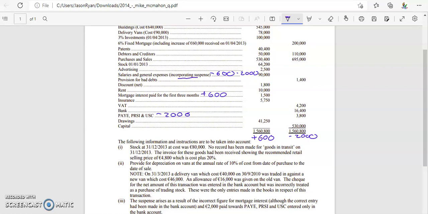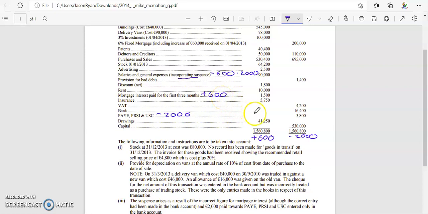So that's going to be our next two adjustments. So we're going to correct our PAYE PRSI. We're going to take 2,000 away from the 3,800, and we're going to take 600 and 2,000 out of our general expenses, salaries and general expenses from the 90,000, because it shouldn't be in there. And to make sure that debits and credits equal, we need to minus the 600. Because we need to increase our mortgage interest, so by 600.